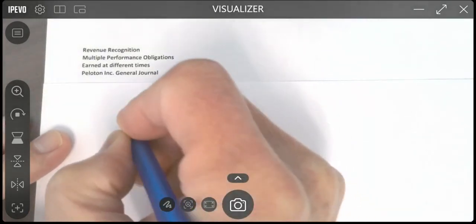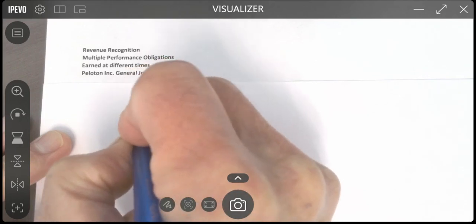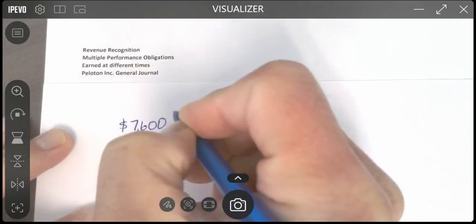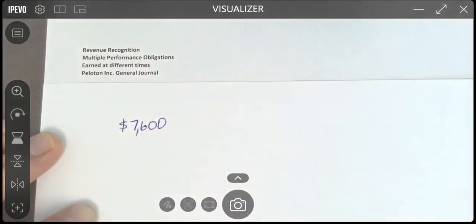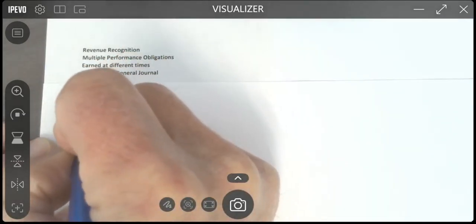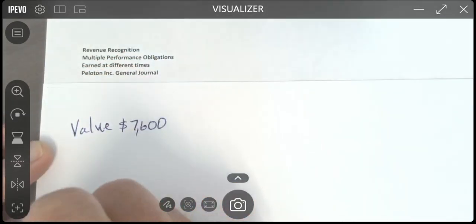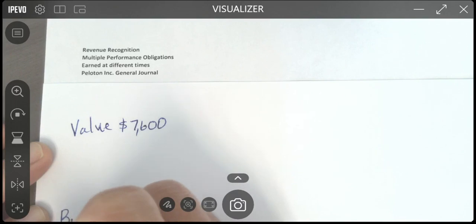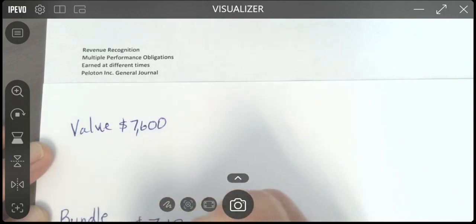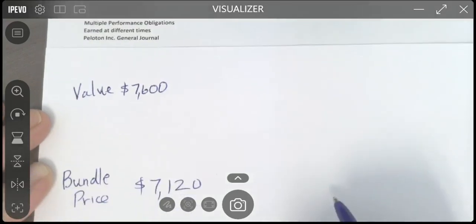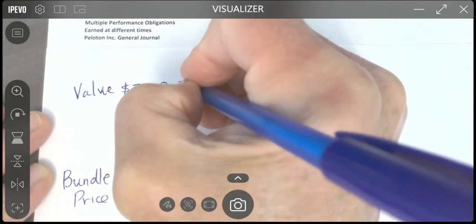So sold separately, that's a $7,600 value. Bundle price is $7,120.